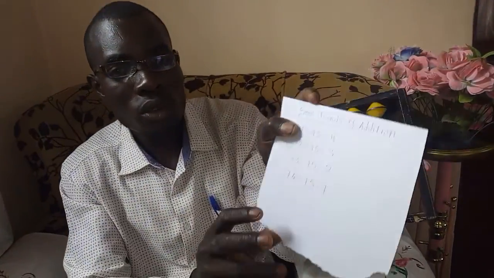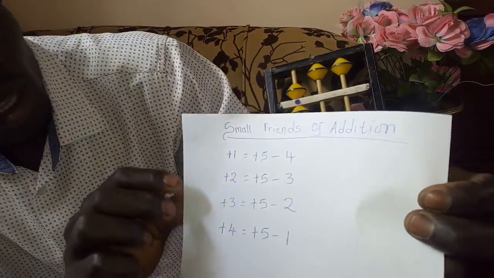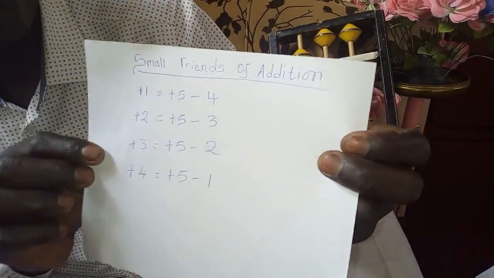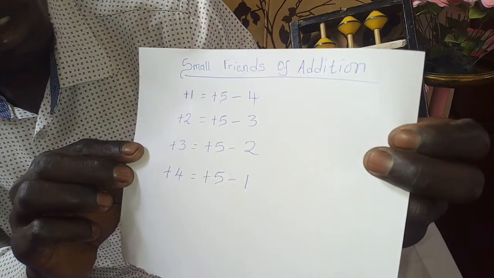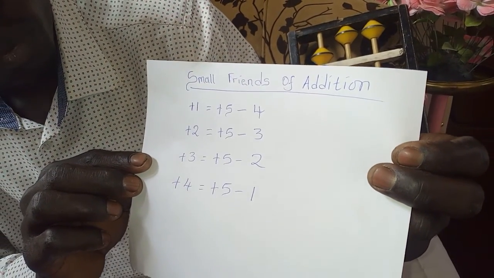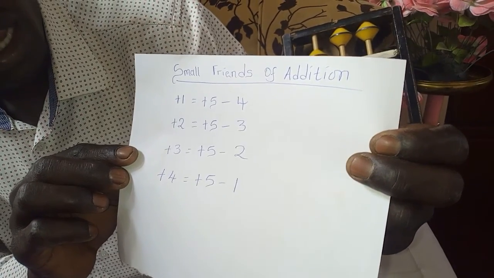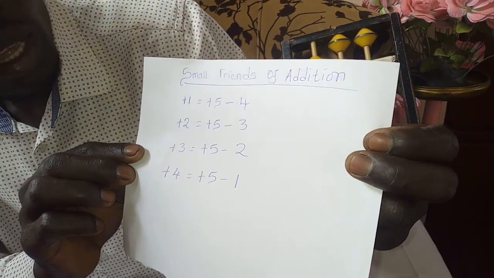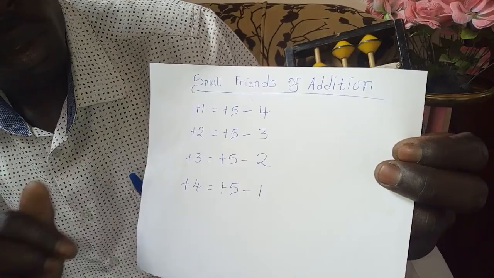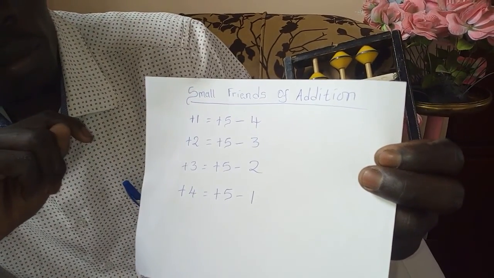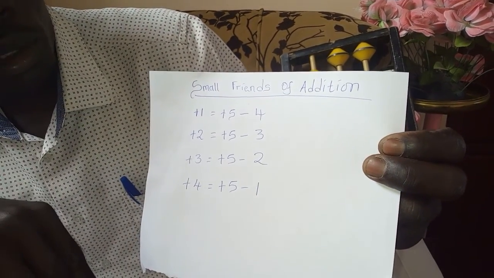I have some formulas here, and I'm going to show you these formulas. If I want to add 1, and you see my beads are not enough, what am I supposed to do? I add 5, I less 4. If I want to add 2 and my beads are not there, what am I supposed to do?